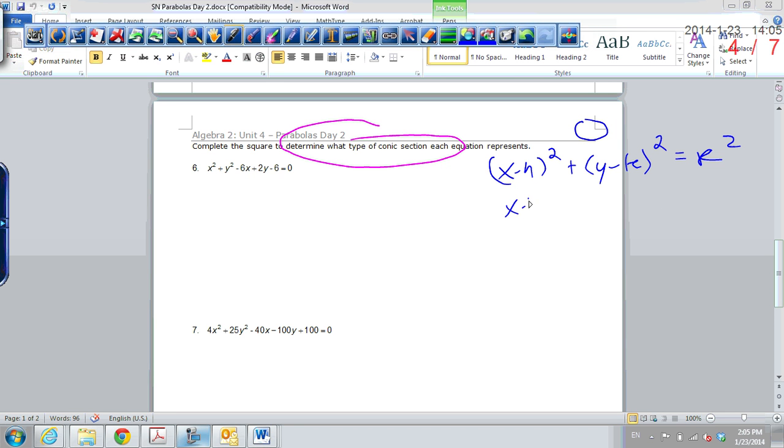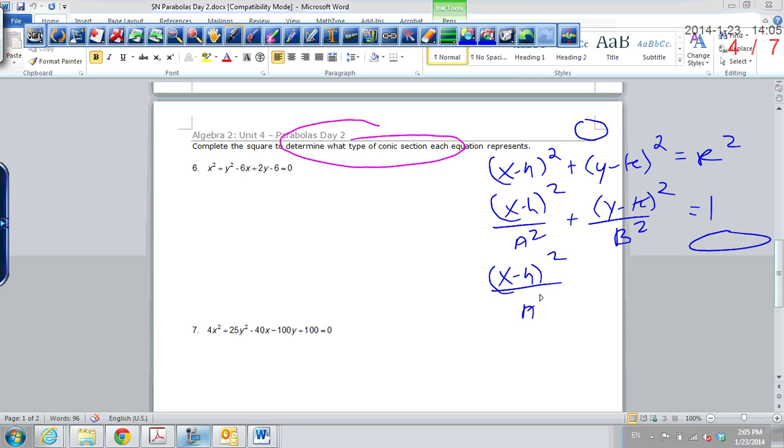Anytime you have the fractions like this, but it's a plus on the inside and it equals 1, that's got to be an ellipse. If it's the same thing, but it's got a minus sign, you probably guessed it, that's our hyperbola.